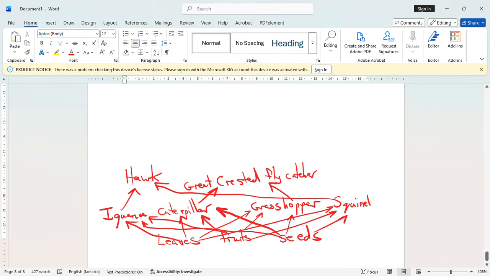So based on the list of organisms provided and the food web drawn in A2, identify one carnivore. So who is a carnivore? What do carnivores do in terms of their feeding habit?